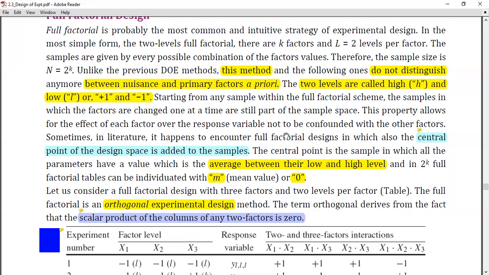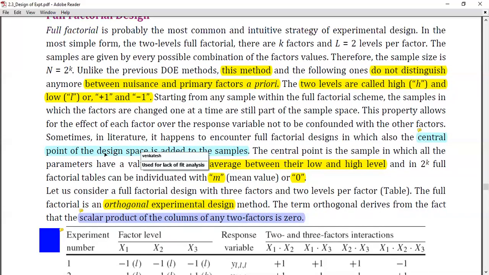Sometimes in some experimental designs you may also see that center points of the design are added to the experimental combinations. Center point means the middle of +1 and -1, the average of these two, which is 0. If you take temperature as the factor, 40° and 20°, the middle value is 30°, so 30°C becomes the center point.